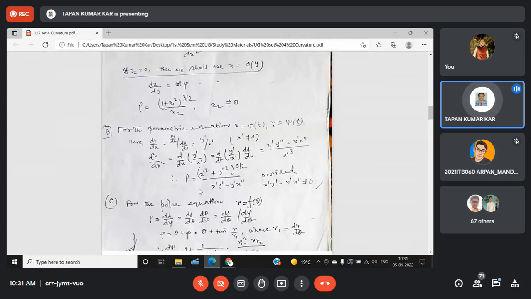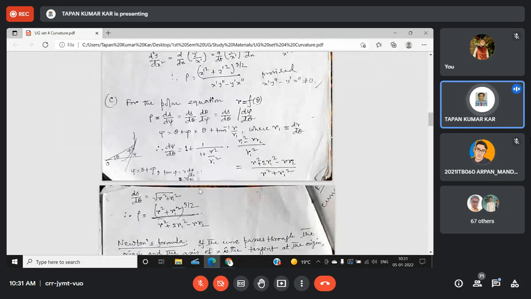But sometimes it will take time to convert the polar form into Cartesian form. So at least remember the two forms, Cartesian form and polar form. Cartesian form is a must, and I would also suggest you remember the polar form of the radius of curvature.